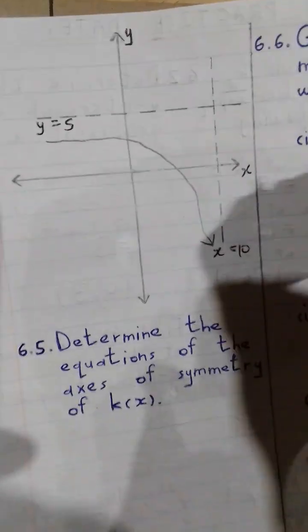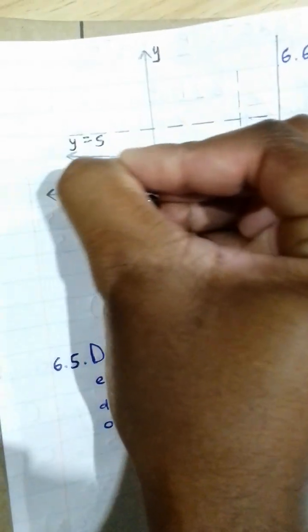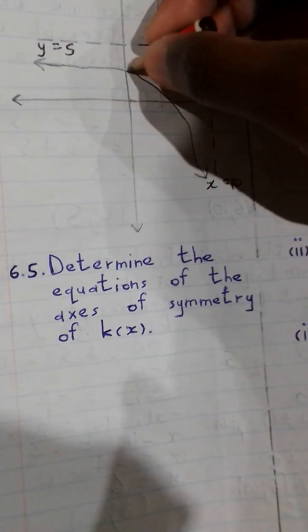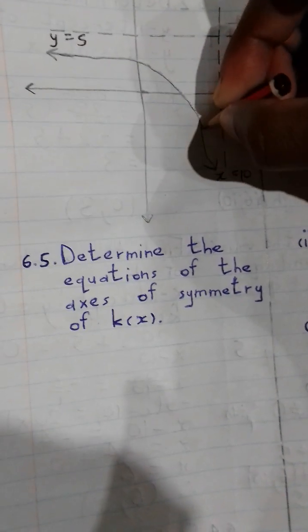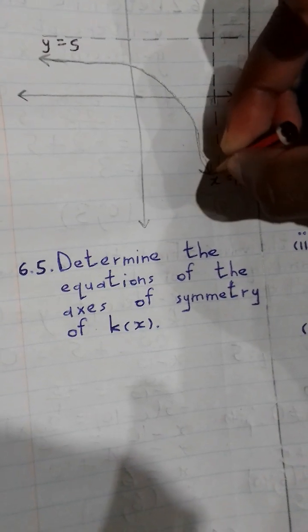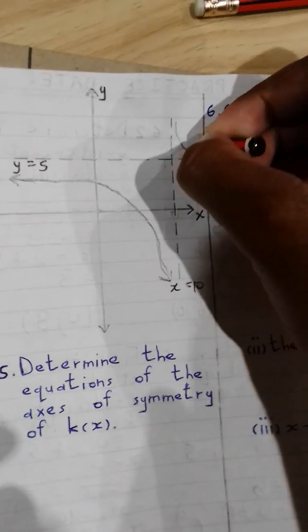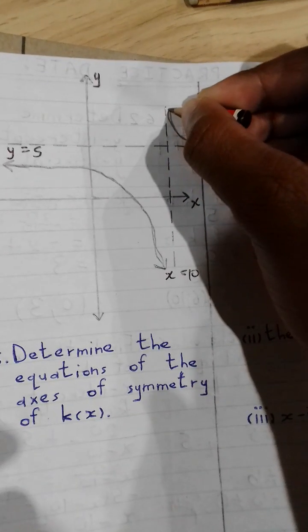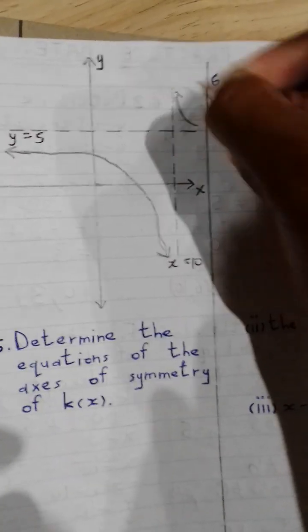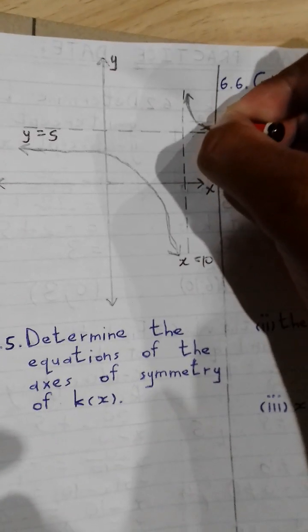Just make sure that it doesn't touch. My pencil broke, as you can see, so that's why I have to use this small pencil. And then you have one this side as well. It doesn't touch the asymptotes. Make sure of that.